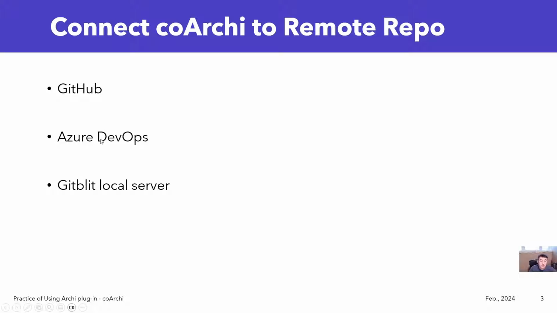I also showed one slight difference, or maybe an advantage, of Azure DevOps: it can show you the branch hierarchy compared to GitHub and the Gitblit local server.